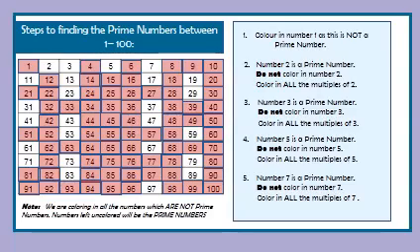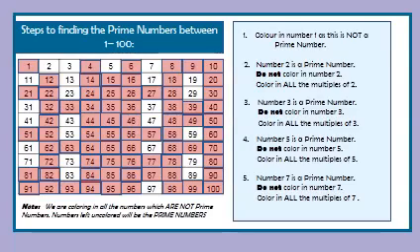We have 48, it's already colored, 51, 57, 63, 69, 75, 81, 87, 93, and 99. All of these are multiples of 3.